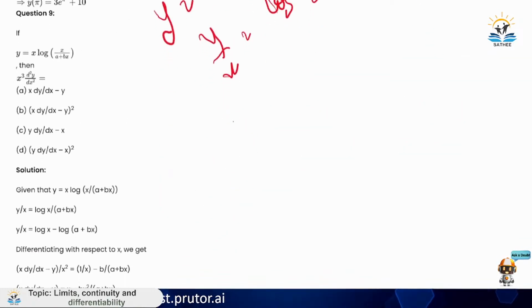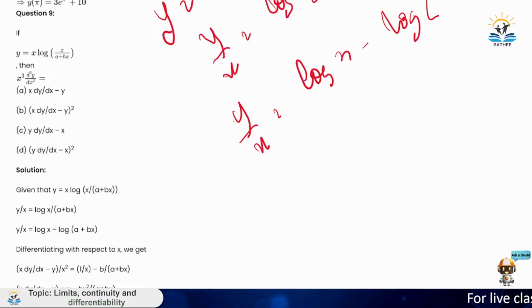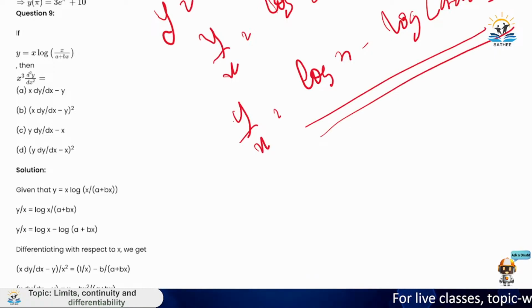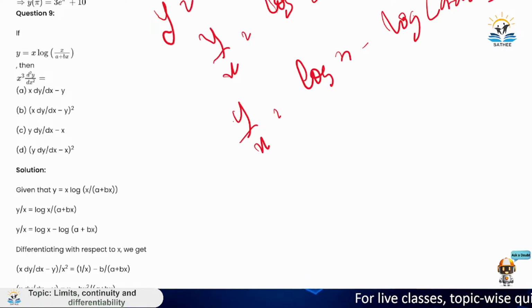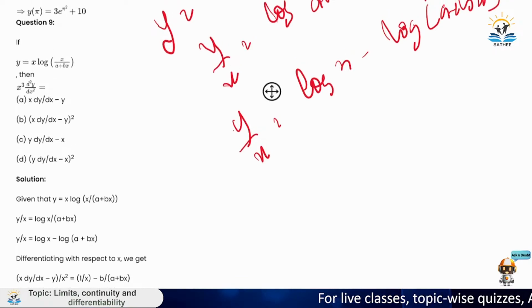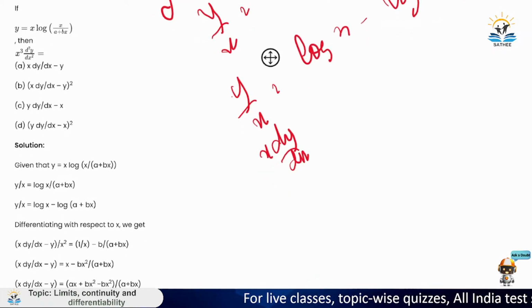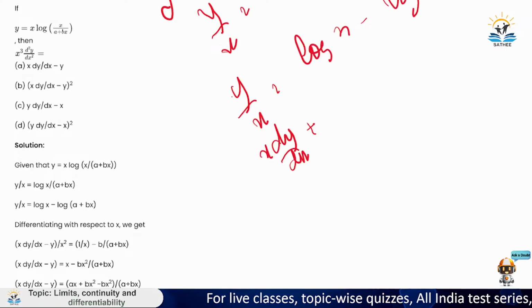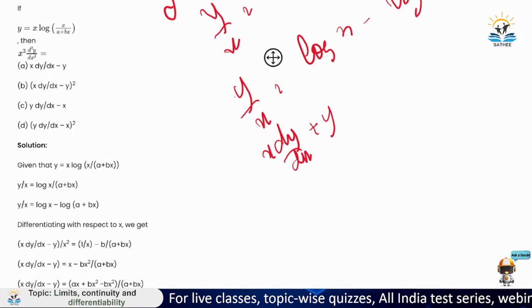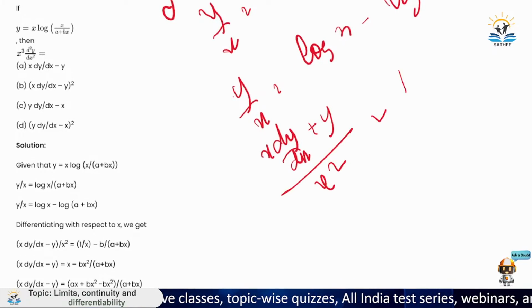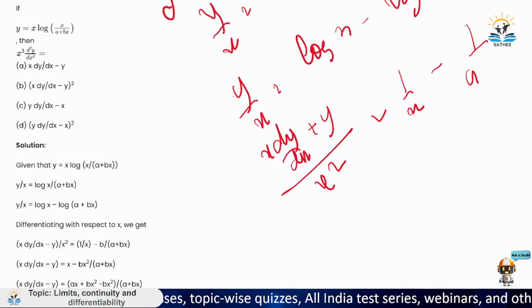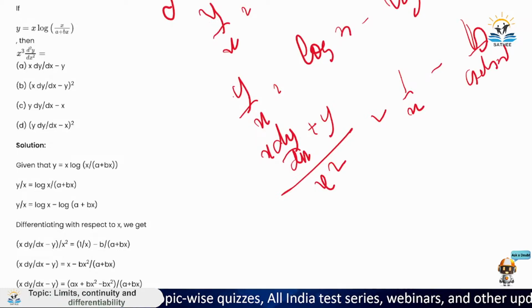So what we can do here is y by x is equal to log of x minus log of a plus bx. See, I told you log is very important, guys. Learning log can make your life very easy. So x dy by dx, we are differentiating, right? x dy by dx plus y upon minus x square gives you 1 by x minus 1 by a plus bx into b.